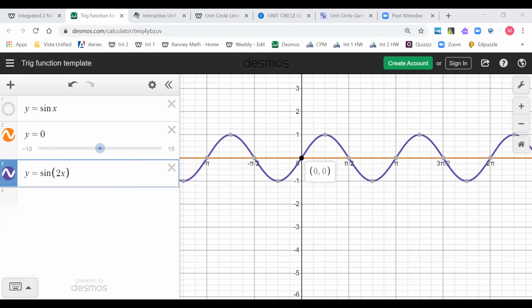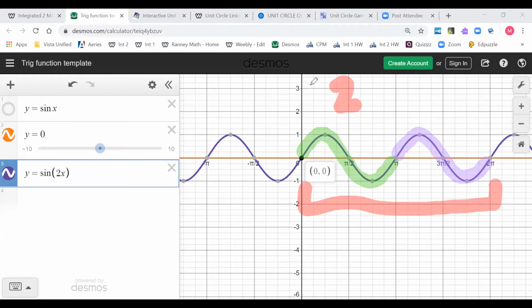Okay, so as I'm coming here, this is 1 whole cycle. And let me get a different color. This is another cycle. So I have 2 cycles within 2 pi distance.